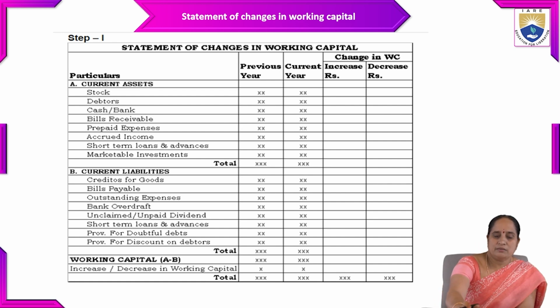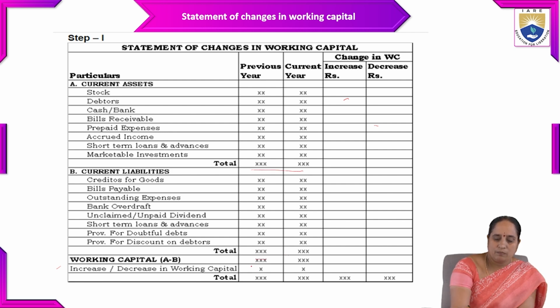By comparing these assets and liabilities, if there is an increase, then we have to specify how much in the increase column, and if there is any decrease in the change in working capital, we have to mention it on the decrease side. Then finally one has to find out the working capital, which is current assets minus current liabilities.